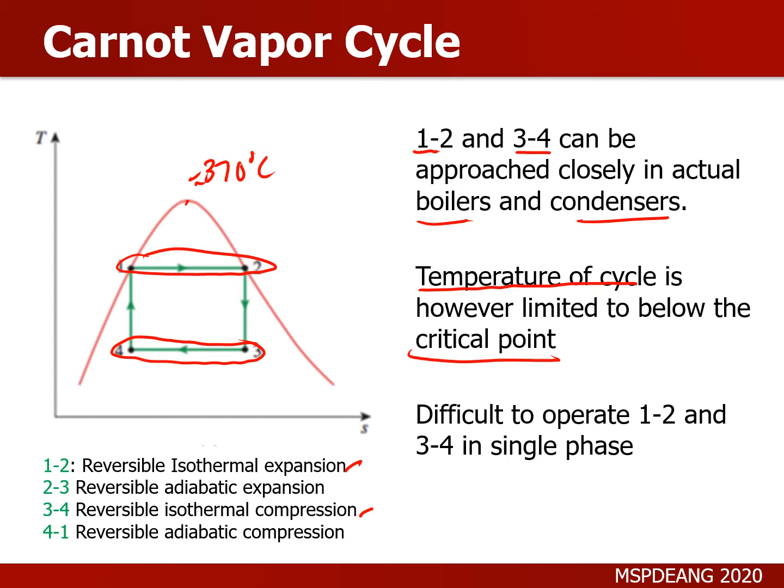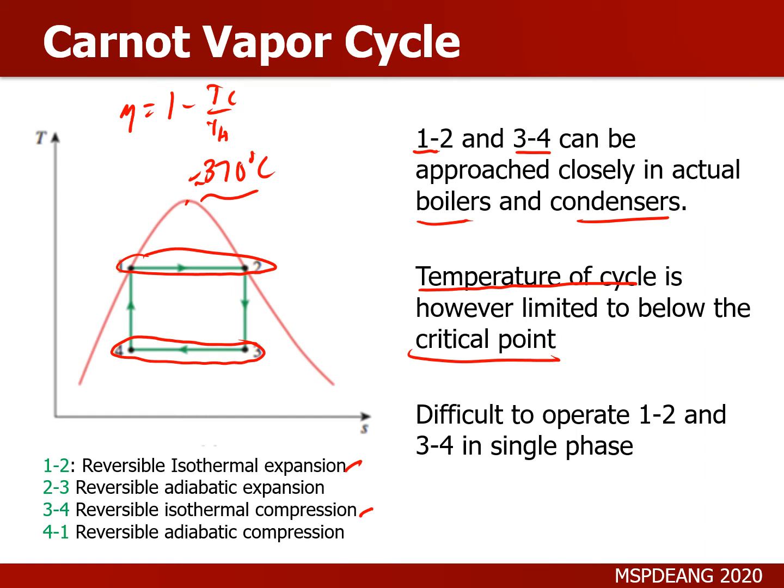Therefore, we know that the thermal efficiency of a Carnot cycle is equal to 1 minus Tc over Th. So to increase the thermal efficiency, we want to increase the working temperature of the higher temperature in our cycle. So para gawin to, kailangan mo siyang taasan. Pero kung nasa loob ng phase envelope, hindi mo siya matataasan as much. So malilimit ka ng higher temperature to be below 370 degrees Celsius.